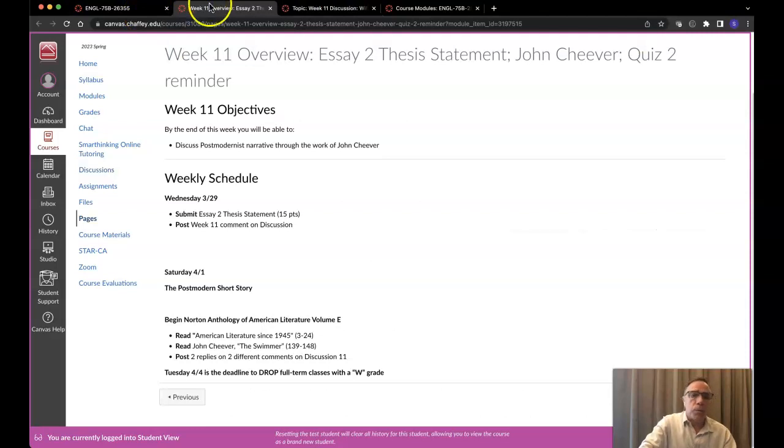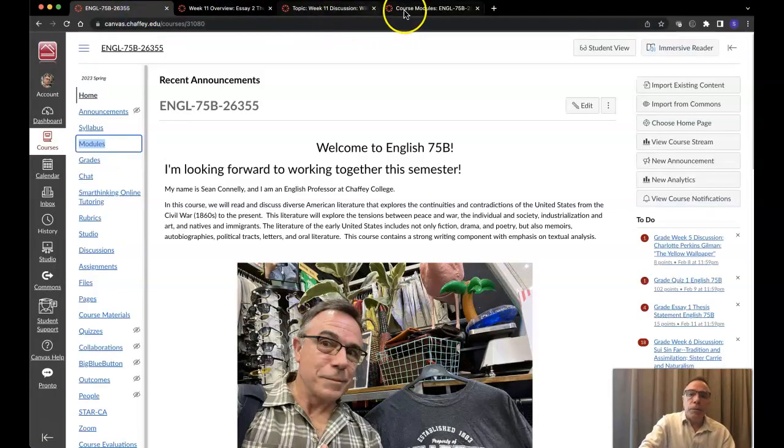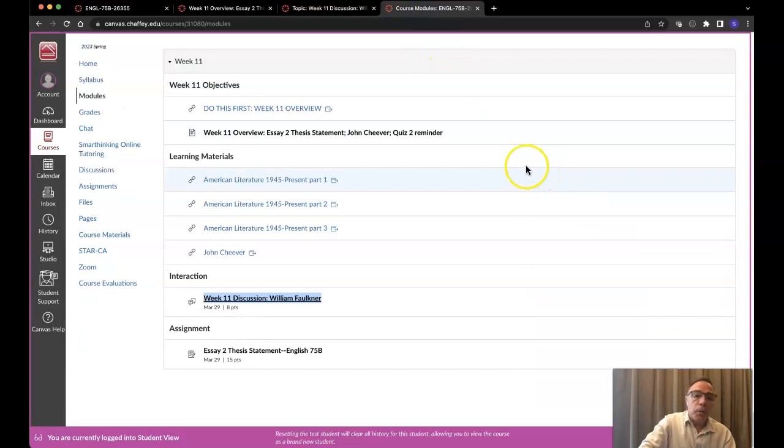Now, going back to our overview, no, we'll go back to the course module. What you will notice under learning materials is that I've got quite a bit of background information for you regarding American literature in this period, and it's so essential for us to get a good handle on the historical and cultural and technological and political and social changes that are taking place in this period in order to understand the literature. So I've got a lot of good background information.